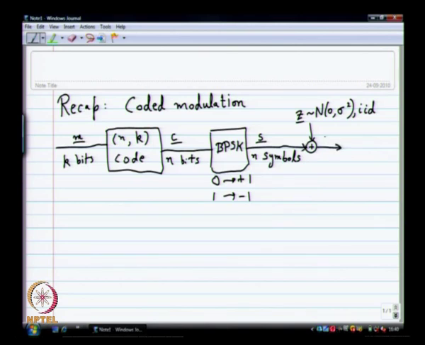And we get a received vector R, and essentially in coded modulation we will run a decoder that works on R and produces, let us say, a C cap, an estimate of C. Okay. So, this is the idea.